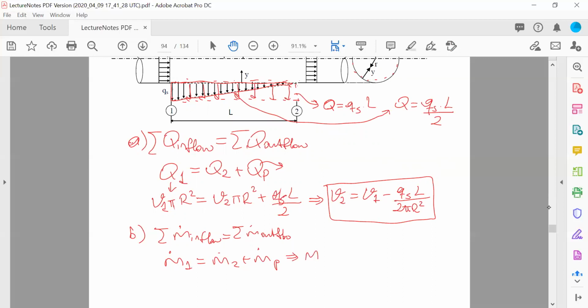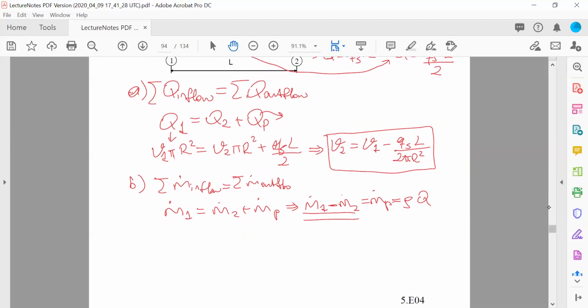From here we can see that mass flux at 1 minus mass flux at 2 equals mass flux at the perforated section, and this was asked, so that we are looking for this, and we know that mass flux is just equal to density times volume flux, which is discharge.